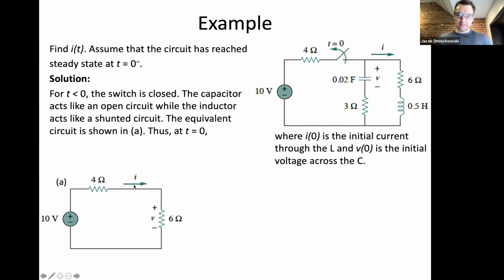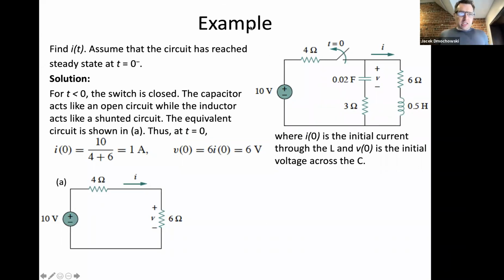And from Ohm's law, we know that the value of this current I, where I is, again, the current through this short circuited inductor, is equal to an amp. Whereas the voltage across the capacitor, which is the voltage between this point and this point, which is equivalent to the voltage between this point and this point, in other words, the voltage across the 6 ohm resistor, is equal to 6 ohms times 1 amp, which is equal to 6 volts.